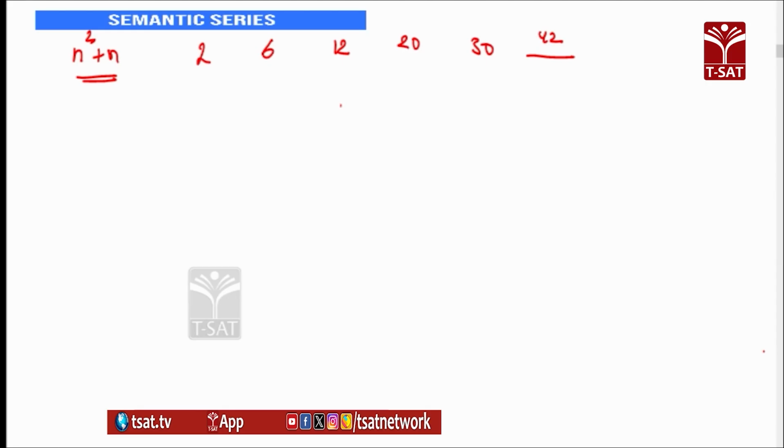I said that if you are unable to identify the pattern, the next step is to take the difference. What is the difference between 2 and 6? It is 4. Here the difference will be 6. Here the difference is 8. Here 10. So even though you are unable to recognize the pattern of n square plus n, if you take the difference, then obviously you can find the answer.